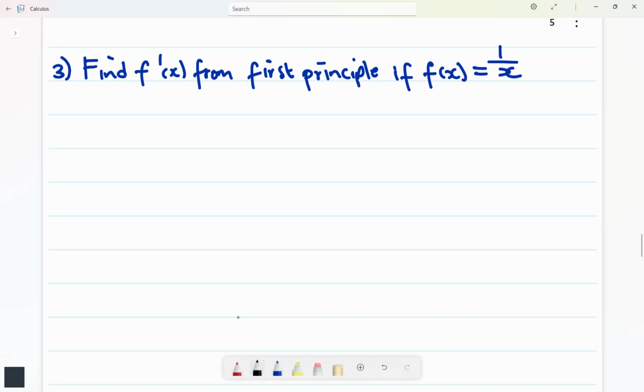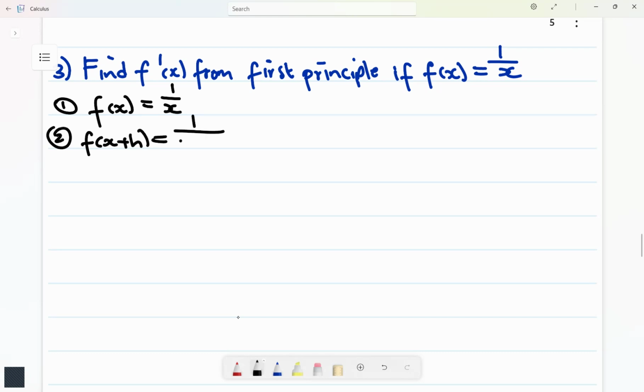How nice. First step, remember I just write what is f of x, okay? 1 divided by x. Then number 2, I write f of x plus h. What is that? Remember where I see x, I'll just add h like that, okay? Then the third step, I want f of x plus h minus f of x.